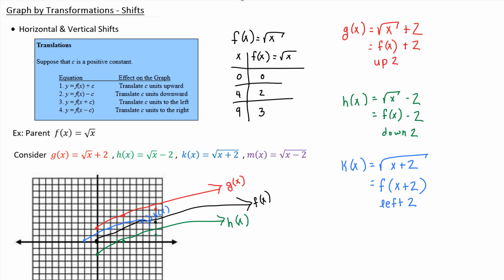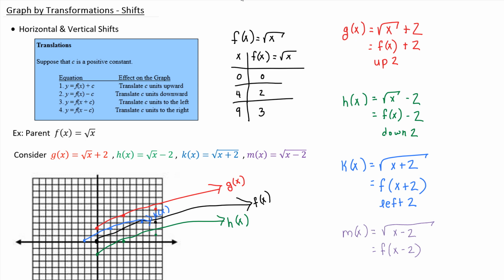And then last but not least, we have our m of x over here. Again, notice that m of x is in terms of that parent function. You have a square root function, but instead of the square root of x, it's altered. Instead of the square root of x, you have the square root of x minus 2. So is your function evaluated at x minus 2?